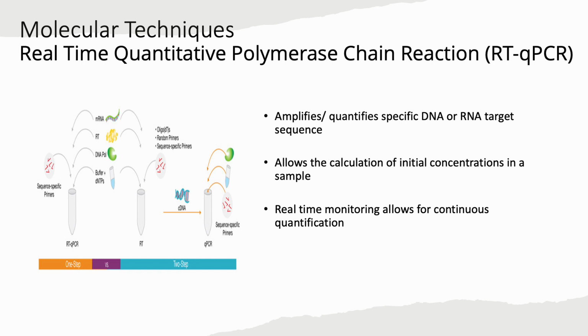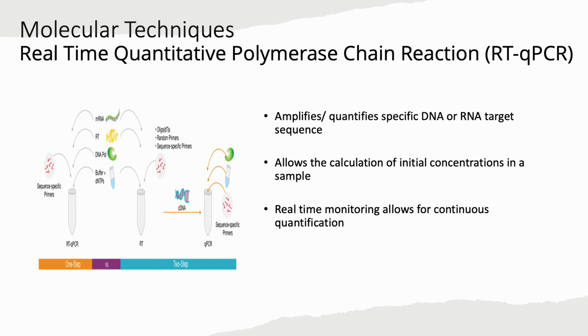The other technique used in the study was real-time quantitative polymerase chain reaction, or RT-qPCR, which basically amplifies a specific DNA or RNA target sequence, which allows for the calculation of the initial concentration in the sample. And it also offers real-time monitoring for continuous quantification.